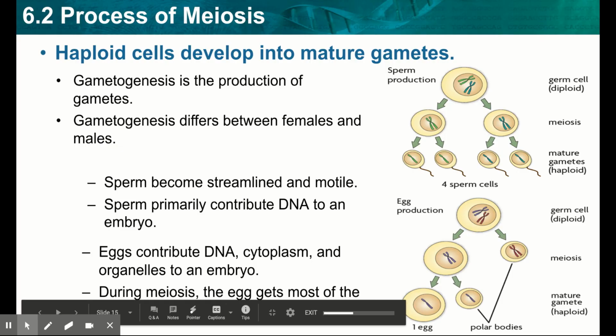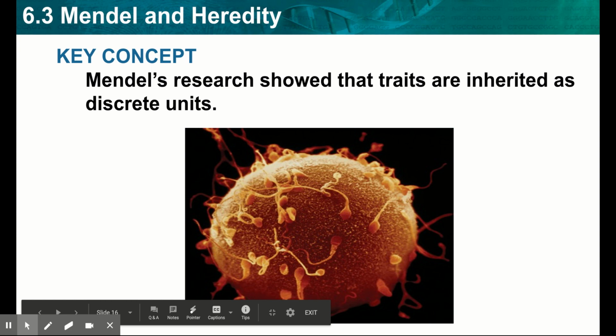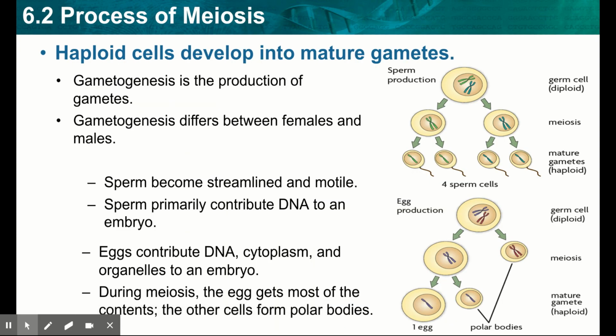Which then concludes 6.2. This is a lot of information, so take the time to go back, pause, and write things down. Vocab terms like meiosis 1, meiosis 2, and what's happening between those two.